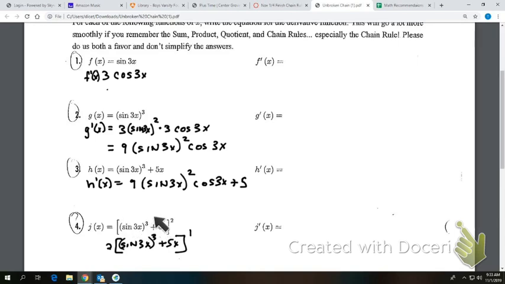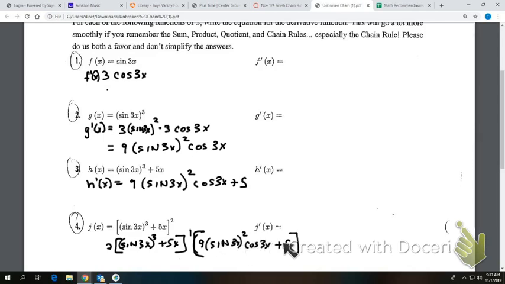The derivative of everything inside, which you just found in the problem above. So times, I'm going to put parentheses, that whole thing. And I've got to have parentheses because it's 9 (sine of 3x) quantity squared cosine 3x, and because of the plus 5, I had to put brackets, or I'll put a bracket here, showing that it's this times all this.